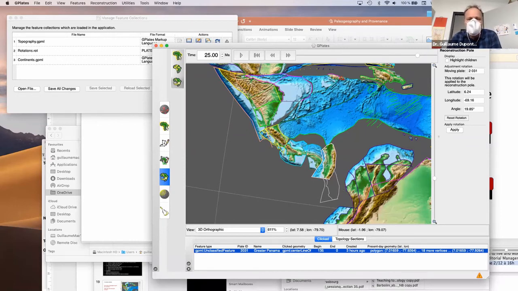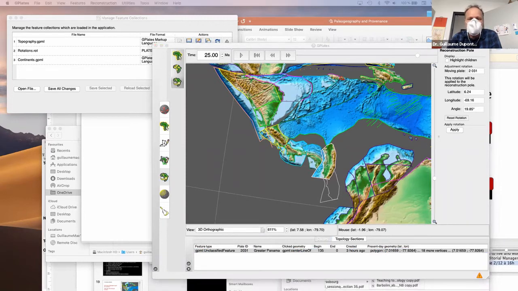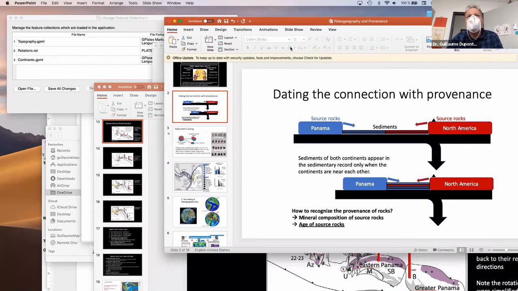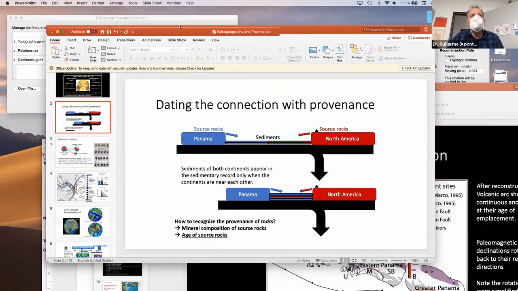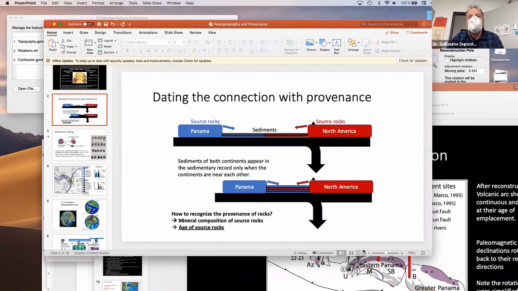So the message in the end was that the precision of this reconstruction is not really high, especially if you don't have marine magnetic anomalies around it. And so other constraints are very important to have, from geology and especially sedimentary records. So let's try to share that.